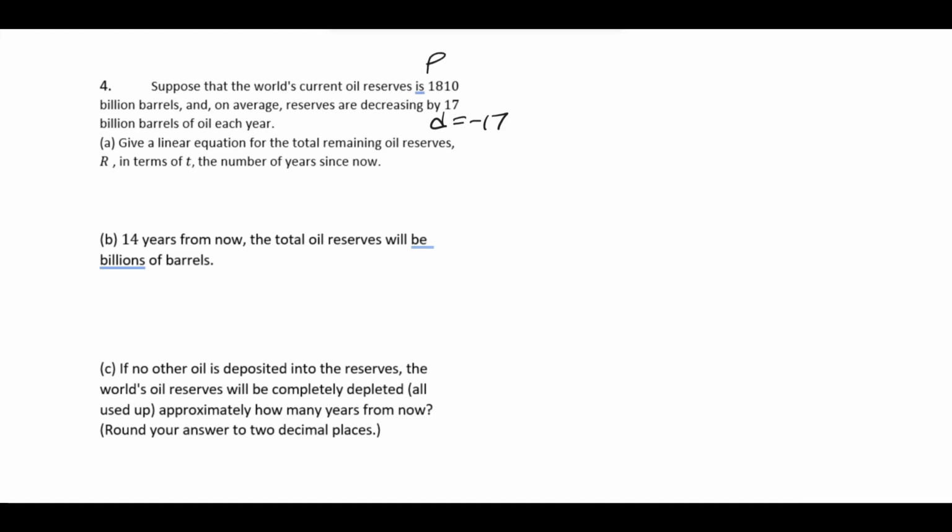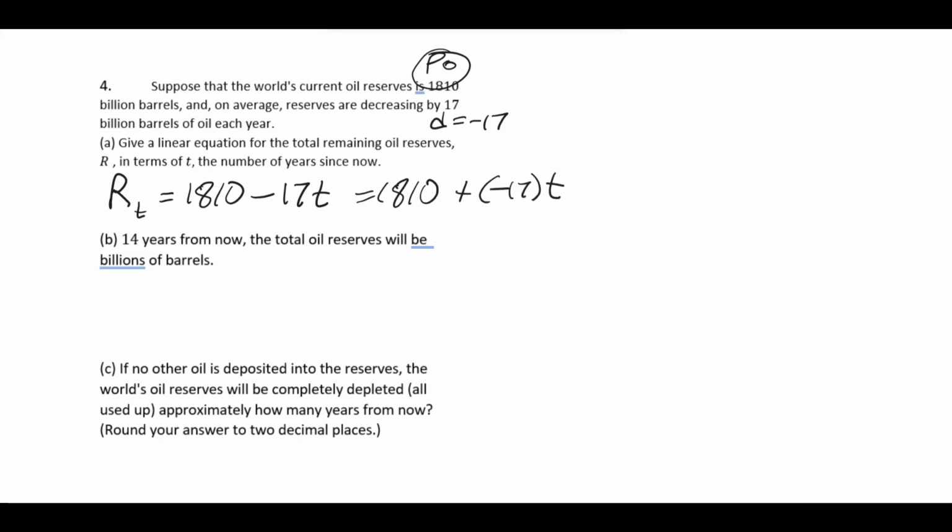This is P sub 0. And so your formula is R sub T equals 1810 minus 17T, or you could have 1810 plus a negative 17T as well.